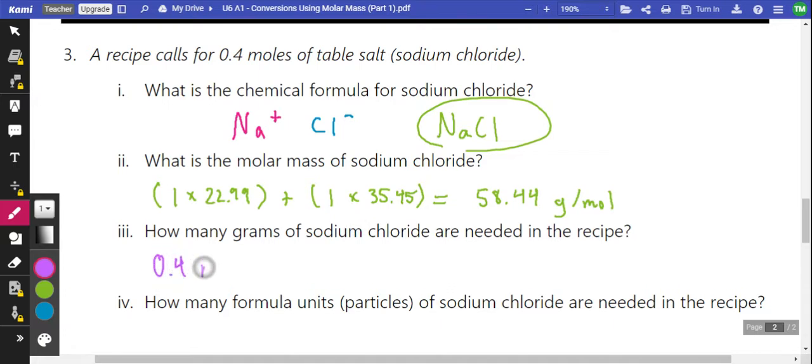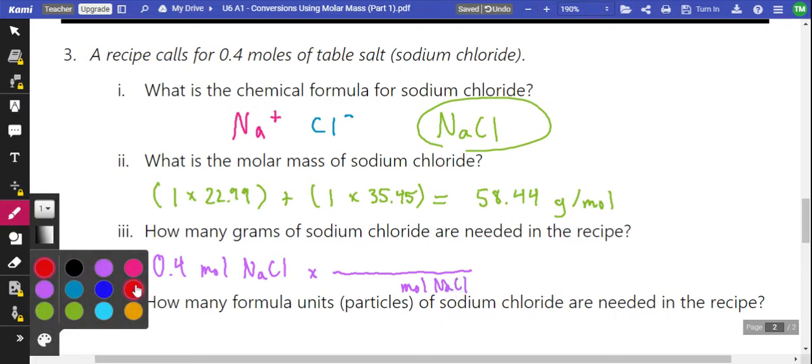0.4 moles of NaCl times a fraction bar. We're trying to get rid of moles this time, so moles is going to go on the bottom. Moles of NaCl is down here.